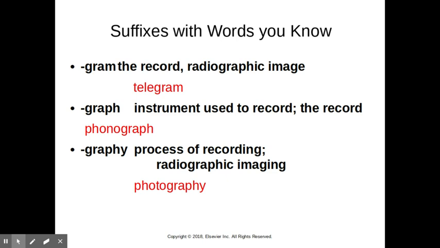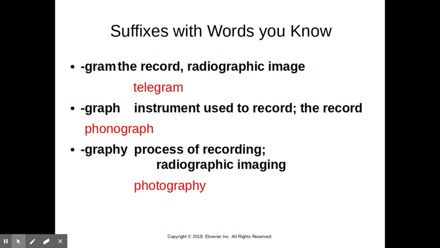A telegram, a radiographic image. Anytime you see the word gram, that is an image or radiographic image. So something associated with an MRI or an X-ray. Okay. But when you see the word phonograph or graph, that's an instrument used to record.